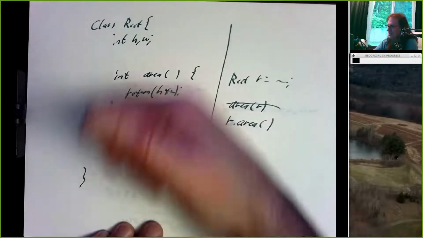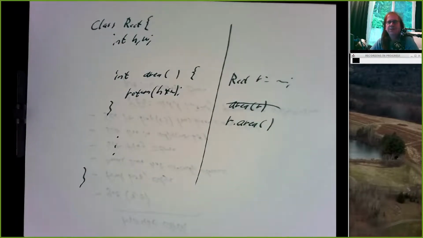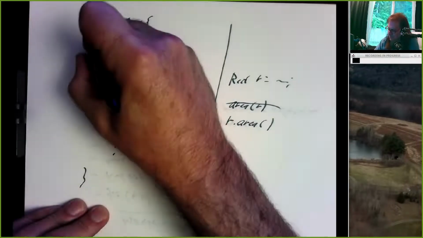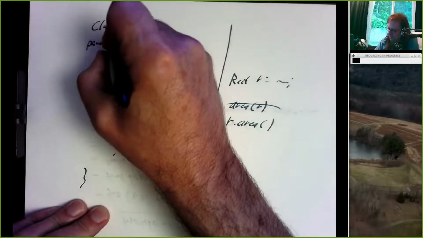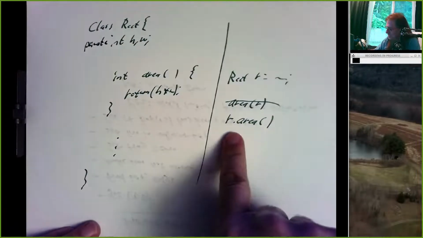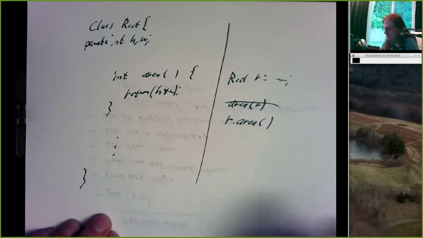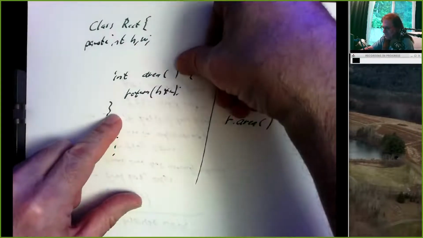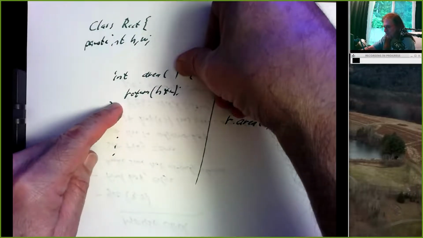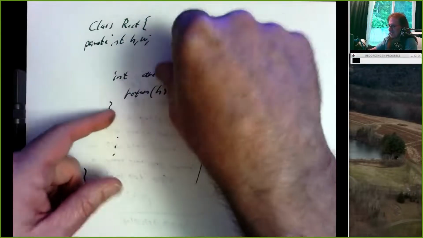So it's global inside the class, but it kind of has to be global inside the class because these might be private. In which case, if we want to find the area of rectangle R, we don't have access to the height and width. And we can't define the height and width inside this method, because then when we call the perimeter method, it doesn't have access to that h and w.